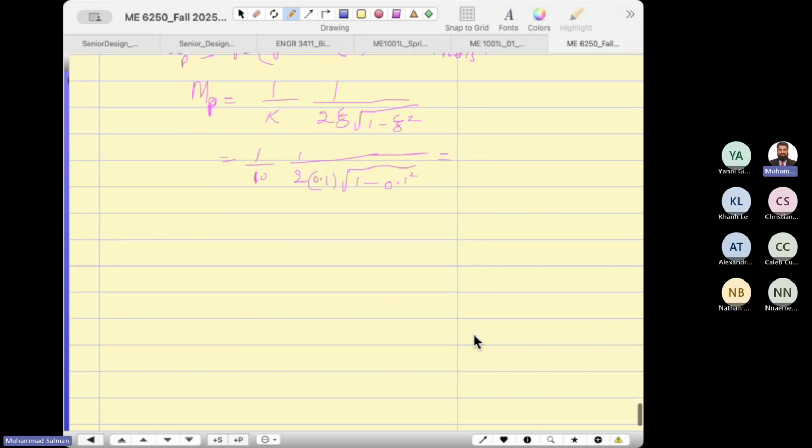So let's try this one together. I want to just write it down here. Square root of 1 minus 0.1 square times 2. So I got 0.5.